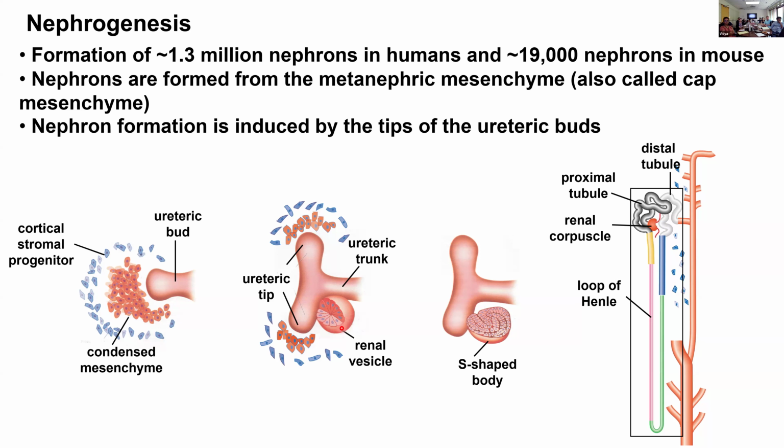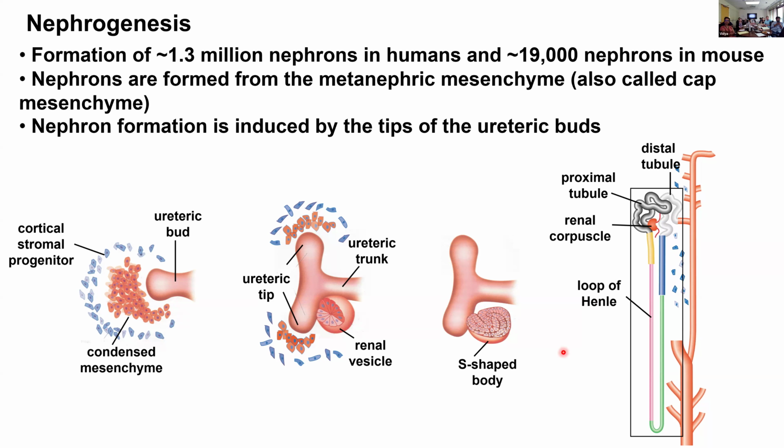After that, the renal vesicle, which is just a sphere, will undergo morphogenesis to form this S-shaped body. At this point, the distal end of the S-shaped body will also connect with the UB to form a continuous loop.